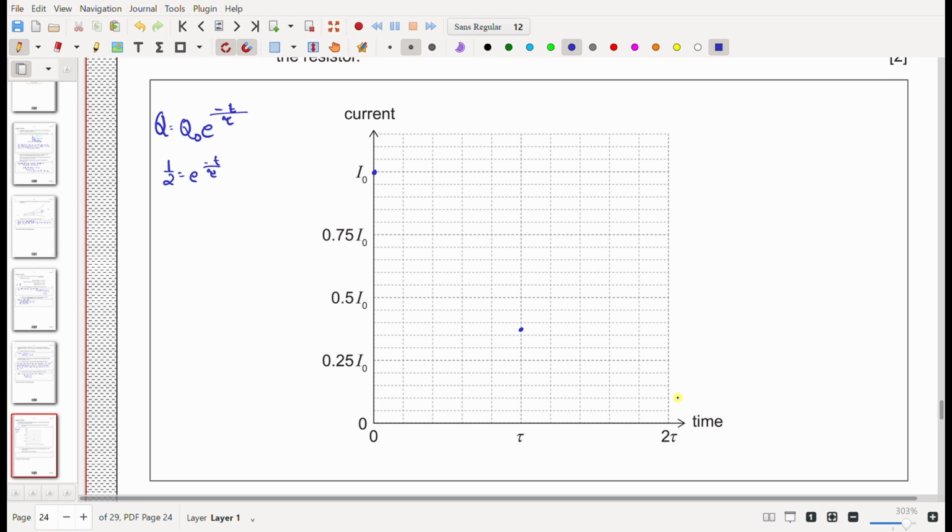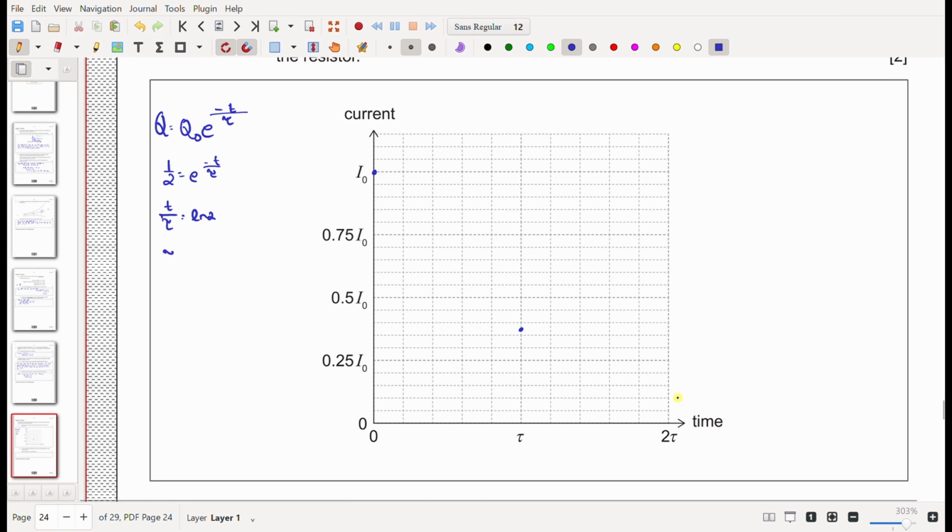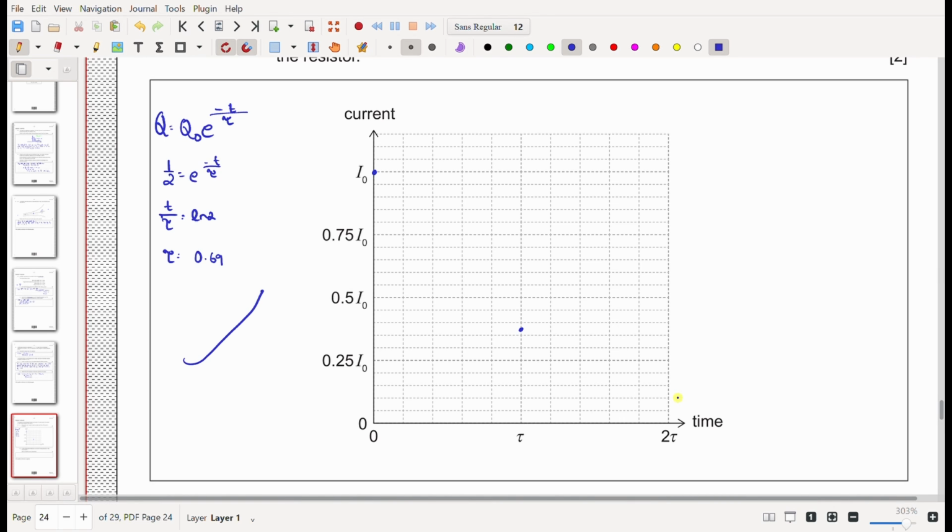This means that t by tau is equal to ln 2 and tau is equal to ln 2, which is 0.69. But this is while charging. While discharging, your tau is going to be at 0.3 basically.